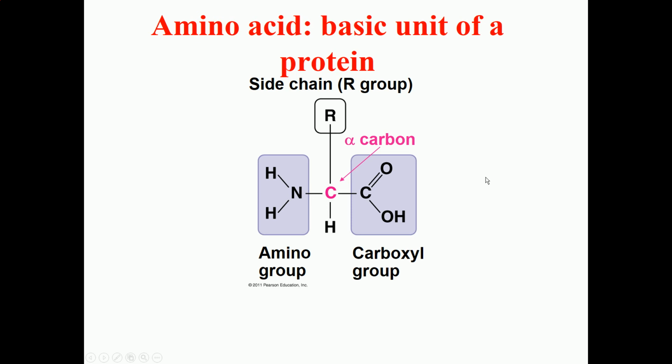In all the 20 amino acids, these 3 groups are the same, but what makes one amino acid different from another is the R group. They all have a carboxyl group, an amino group, and hydrogen, but the R group is different.